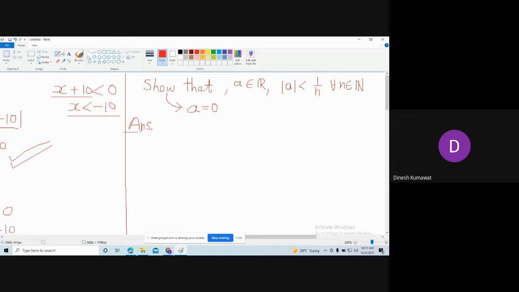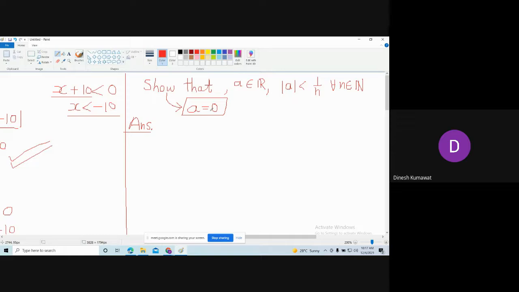Did anyone get an idea how to proceed further? See, what is our aim? Our aim is to show that this number a is exactly equal to 0.